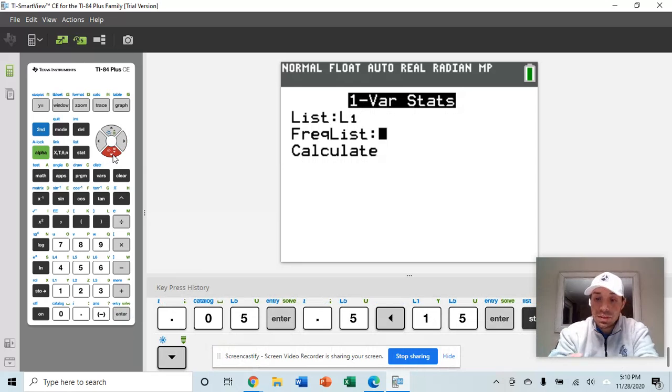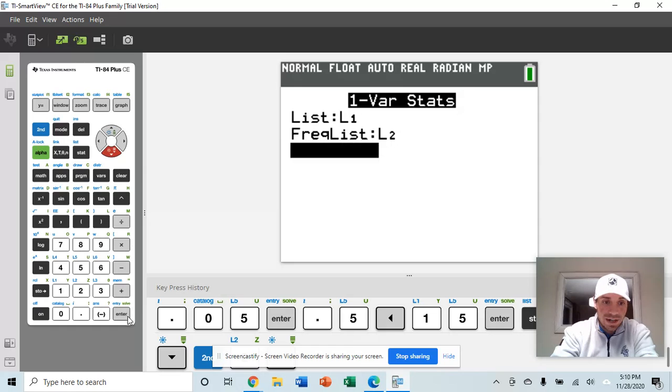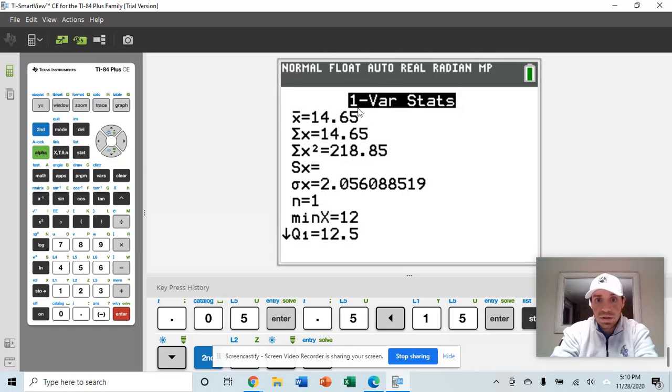And remember, when we're dealing with these types of problems where we have probability distributions involved, we have to make sure that we're changing our frequency list to L2 by going to second and L2. Then go ahead and hit calculate, and we'll get our mean or our expected value right here at 14.65 and our standard deviation as 2.06.